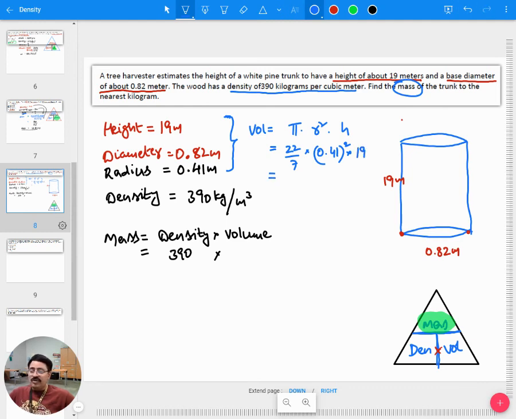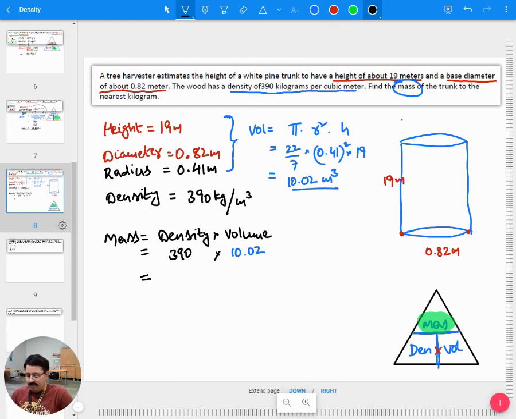Now, make use of your calculator, which is 3.14, instead of 22 over 7, I am taking 3.14 times 0.41 square times height 19. I got 10.02. So the volume is 10.02 cubic meters. That value is to be copied here, 10.02.